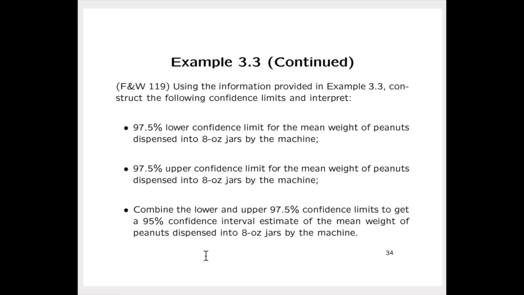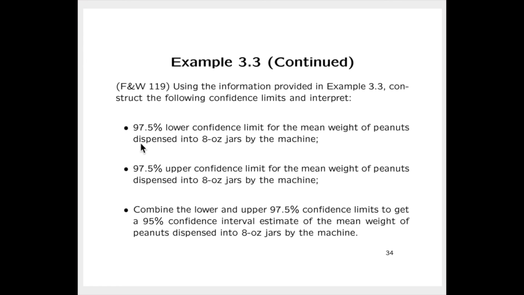Let me just point out that the particular interval that would be of interest here, because if we think back to that hypothesis test, it was a two-sided hypothesis test, test A. So of the three types of intervals that we're looking at here, either a lower confidence limit alone, an upper confidence limit alone, or a two-sided confidence interval, we would want a two-sided confidence interval, and we could construct it directly.